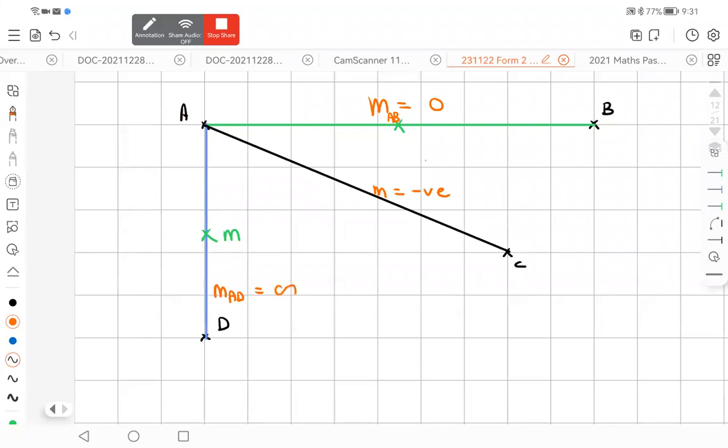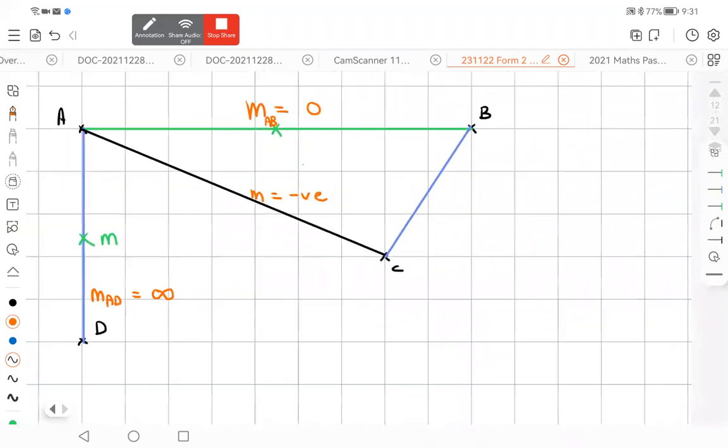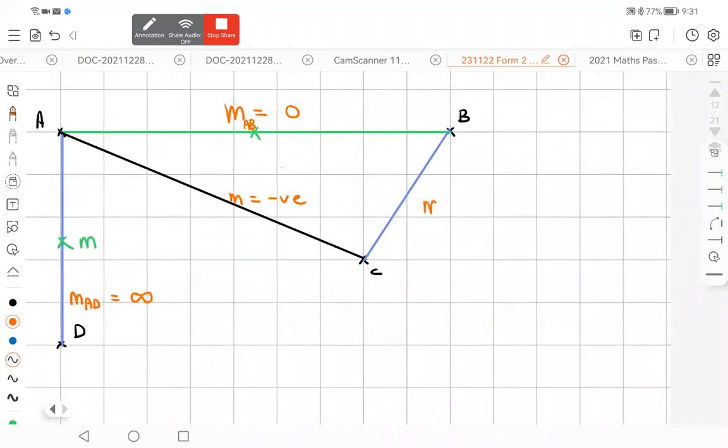Okay, last one, what is the gradient of line CB or line BC? When we measure the gradient, the direction is not important because we are only measuring the steepness of the line, from left to right. So it's moving upwards, so the gradient is a positive value. You're right.